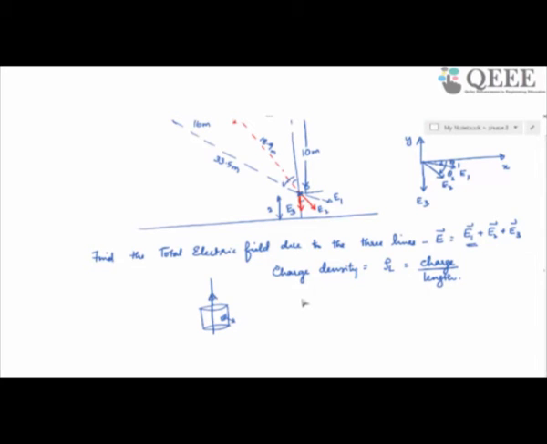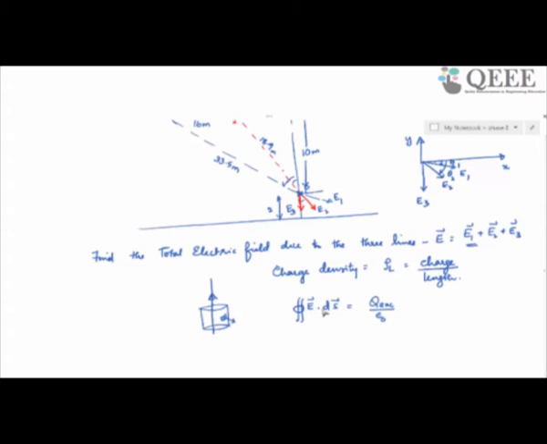So, I am going to be using Gauss law, which says the total surface integral D dot dS is the charge Q enclosed. In terms of E, it should be divided by epsilon, and if it is free space outside, it is epsilon naught.